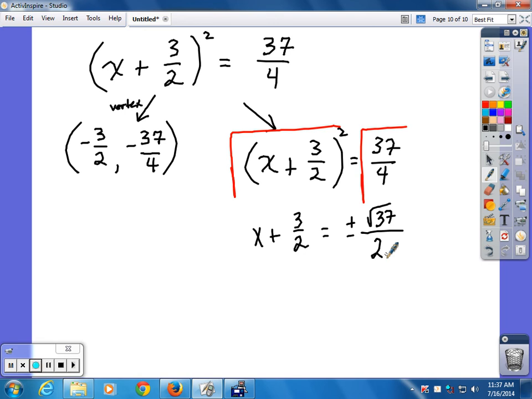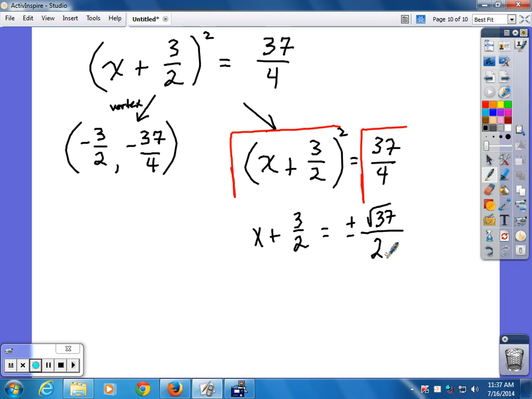It's just a miracle. 6.1. All right? So somebody look it up. What's square root of 37 right quick? And 6.08 rounds to 6.1. All right. So that's how I did it.